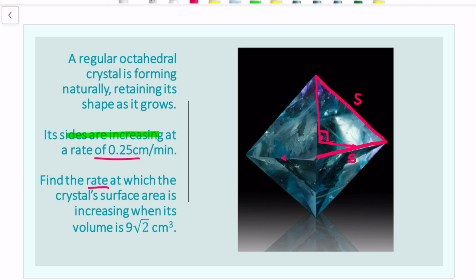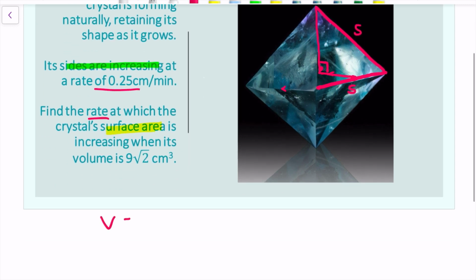The question says find the rate at which the surface area is increasing when the volume is 9 root 2. So first thing is I'm going to find the volume expression for the crystal. It's made up of 2 pyramids, and the volume of a pyramid is similar to the volume of a cone.